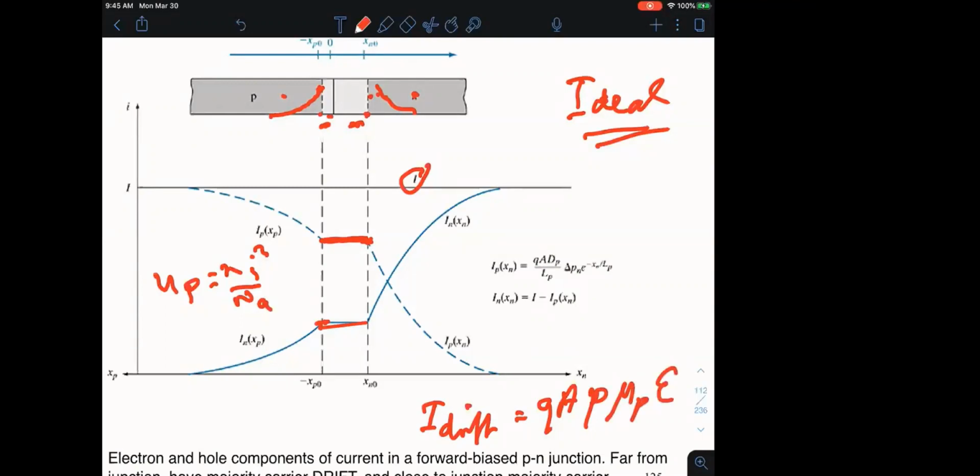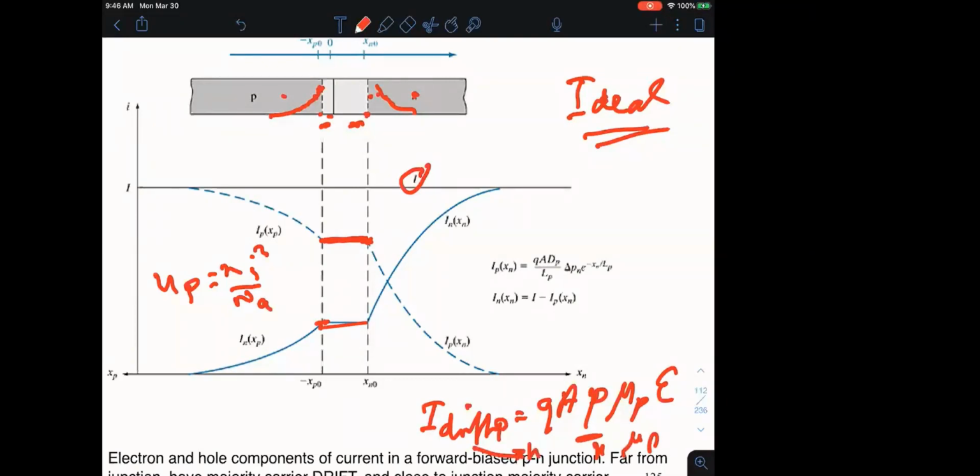In this particular case, I don't have a supply limited current in these regions over here, okay? Similarly, for the electrons, you have this replaced by N, this will be μ_n, right? So that will be for holes, and you have a similar expression for electron drift current, right?